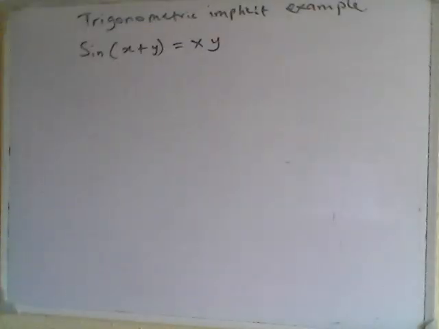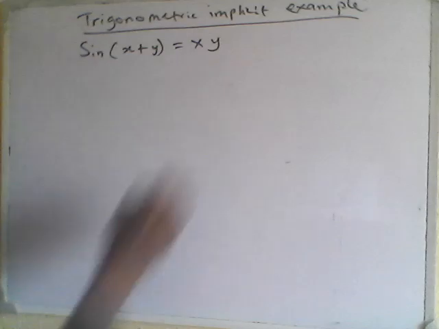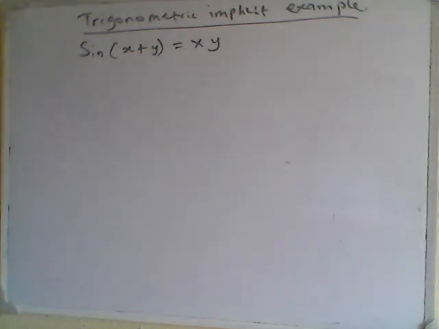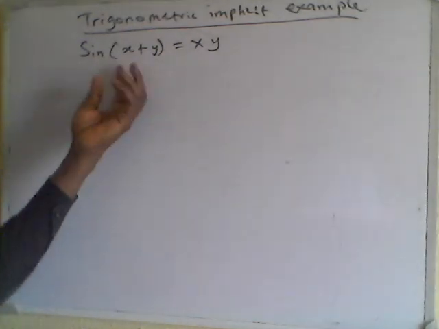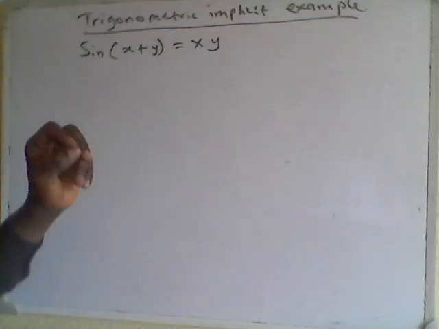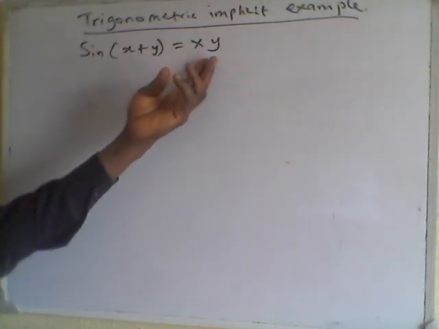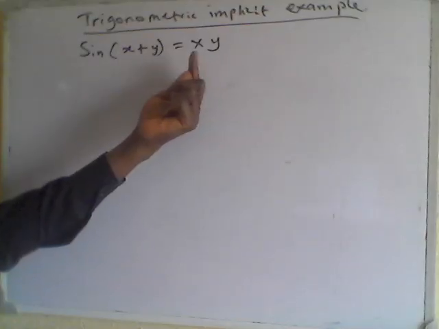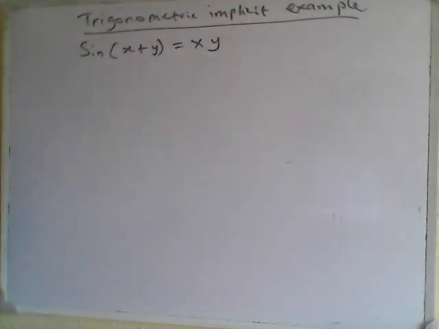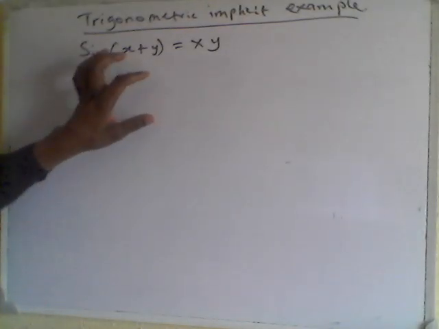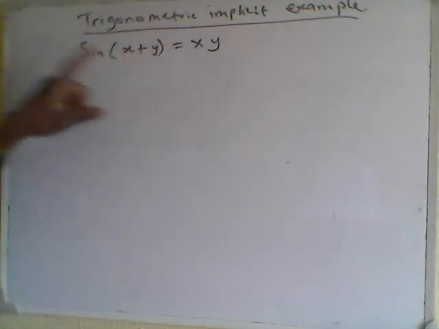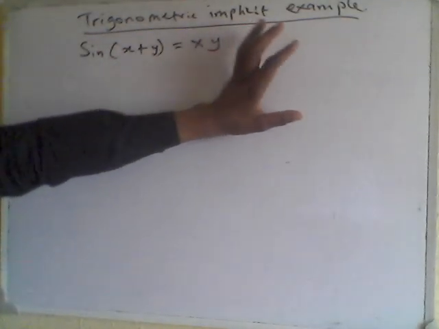Okay, so now I have on the board a trigonometric implicit example. When you see implicit here, it means x and y are mixed inside the expression. But I told you to always treat them with the chain rule when you are differentiating the y aspect. So we're going to differentiate it. First of all, there's a left-hand side and a right-hand side of the equal sign.